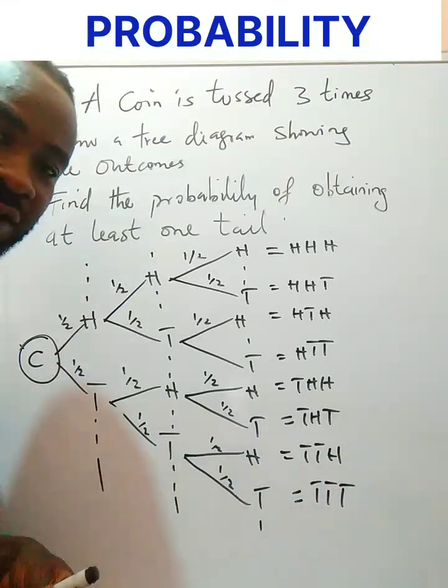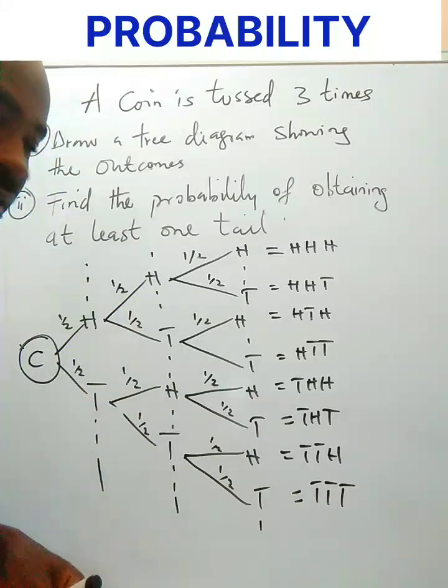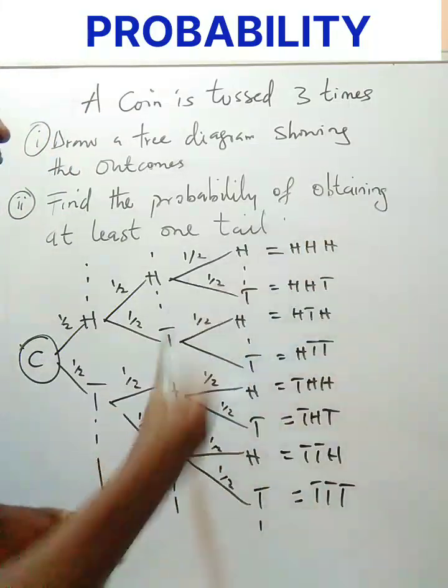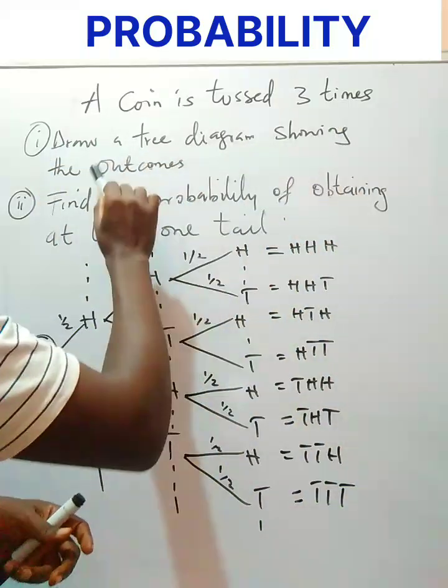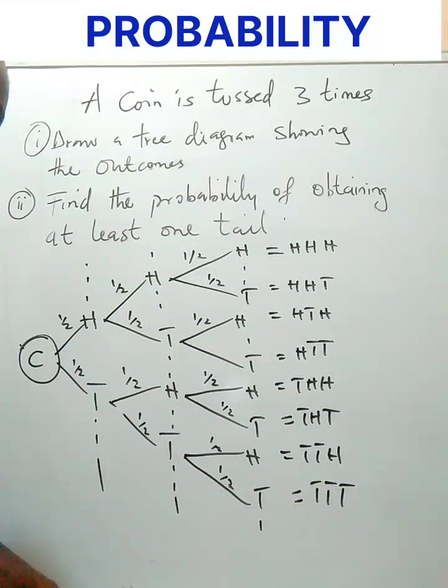Can you see that? So these are all the possible outcomes. Now, I've answered question 1 that says draw a tree diagram.